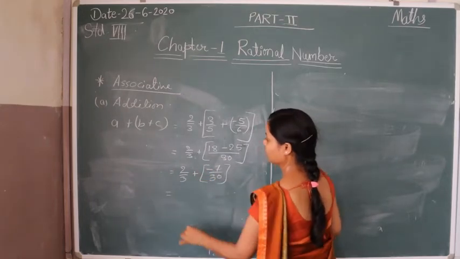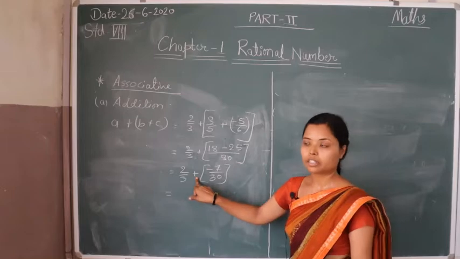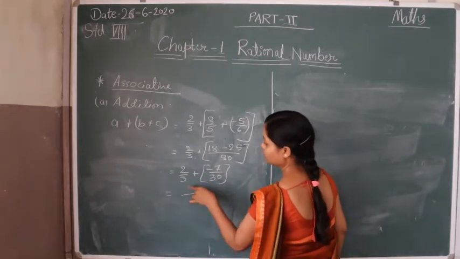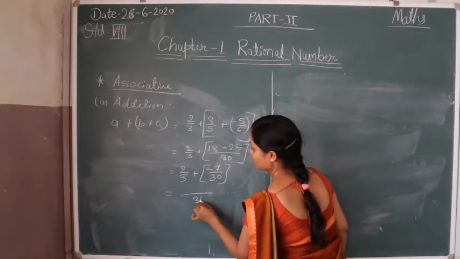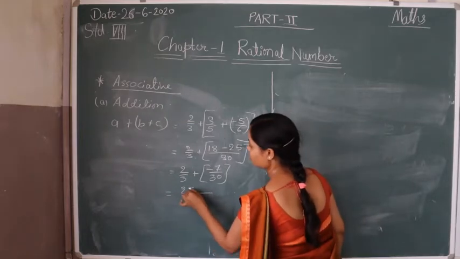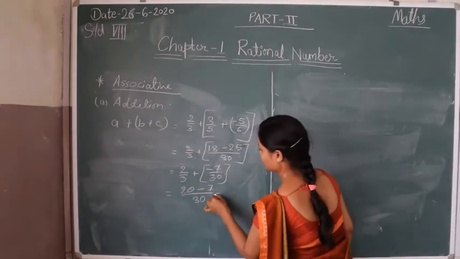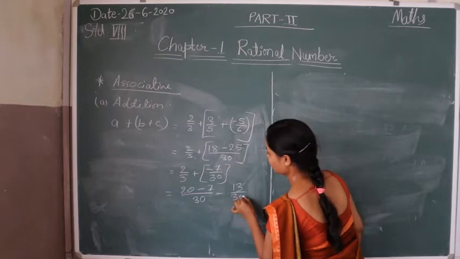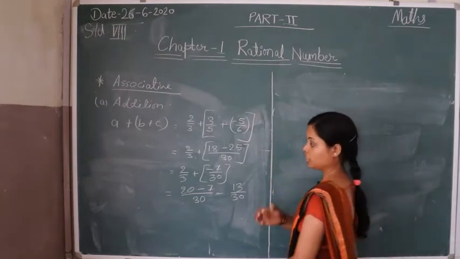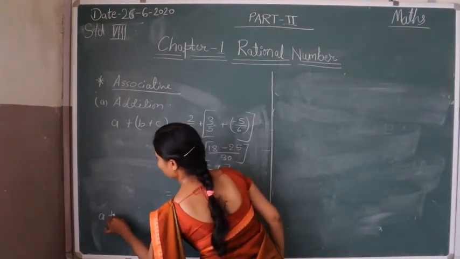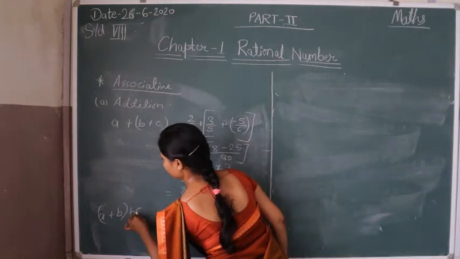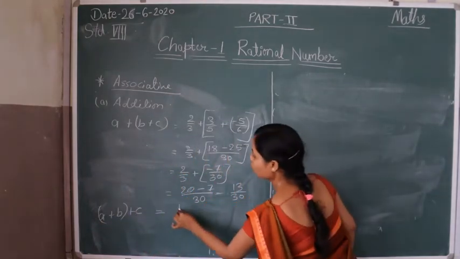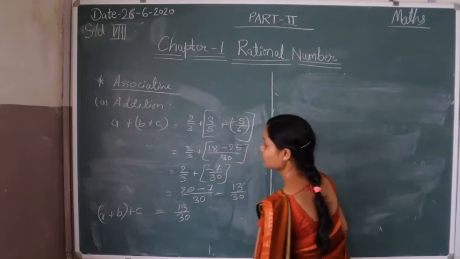Again, because we have addition, we again find the LCM 30 and then solve this. So we got 13 by 30. If you solve A plus B in bracket plus C, you get the same answer, 13 by 30.